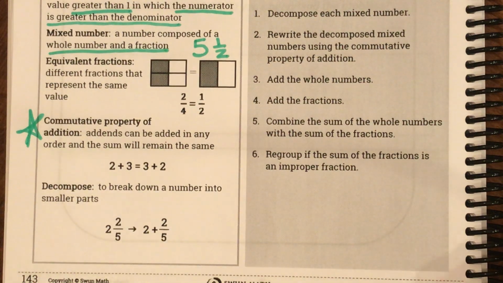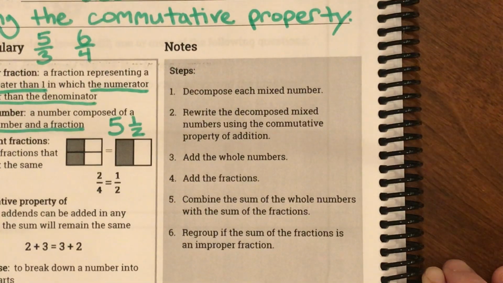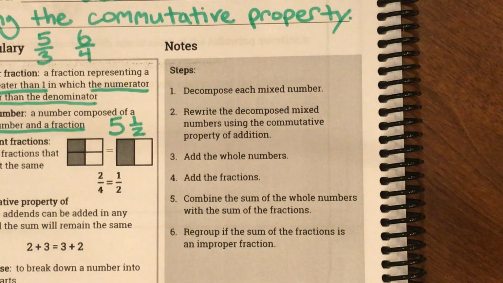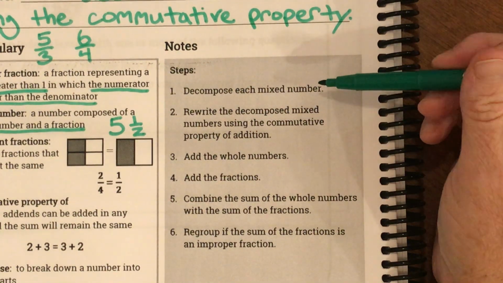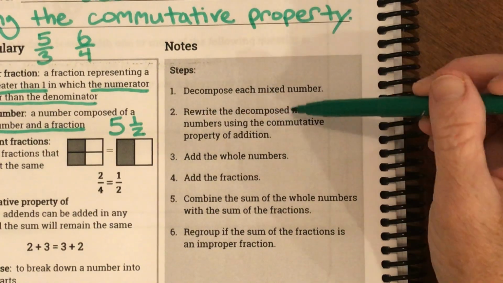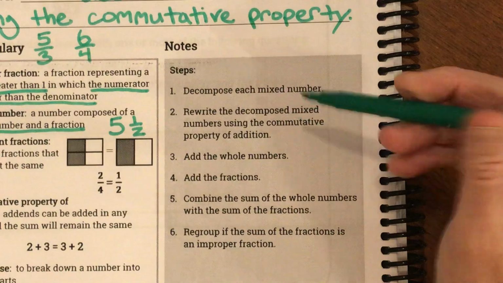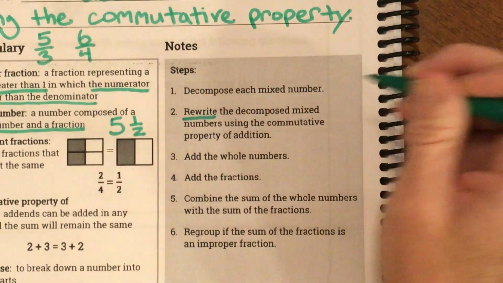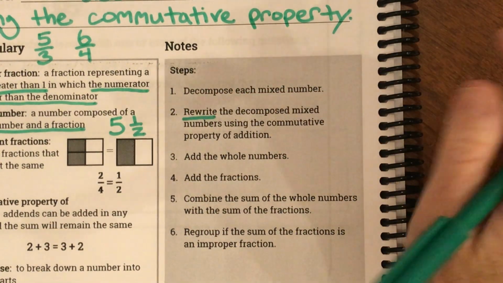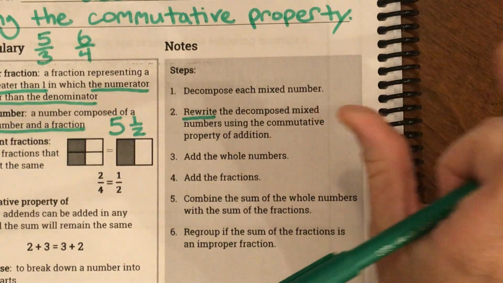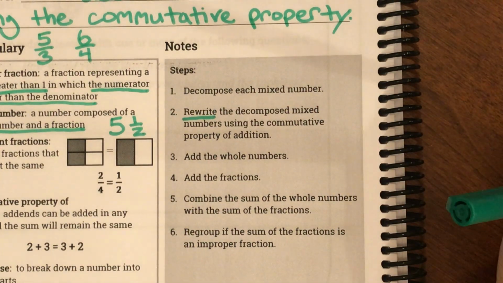Okay, so here's our steps. I'm going to be following these really closely today, so let's look over them. Our first step says decompose each mixed number. Then rewrite the decomposed mixed numbers using the commutative property of addition. So I'm going to rewrite them, and you'll see when I rewrite them, I'm going to group the whole numbers together and I'm going to group the fractions together.